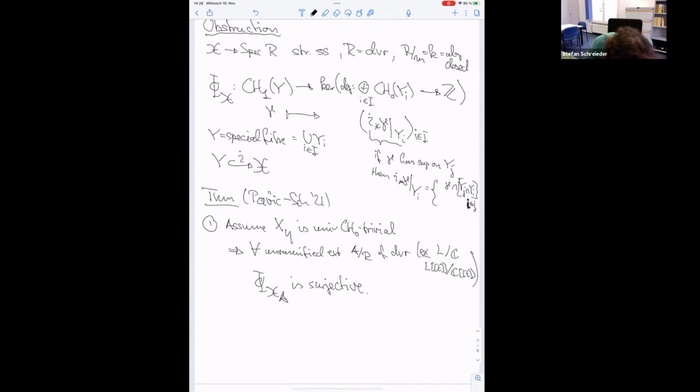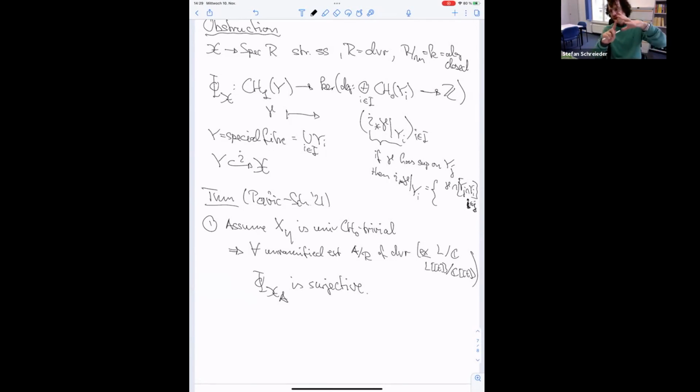So if you are at a component and the cycle has support on another component, then how do you intersect? Well, you do the obvious intersection, right? And to do that, you don't need to know the total space. You only need to know the way the components of the special fiber meet.